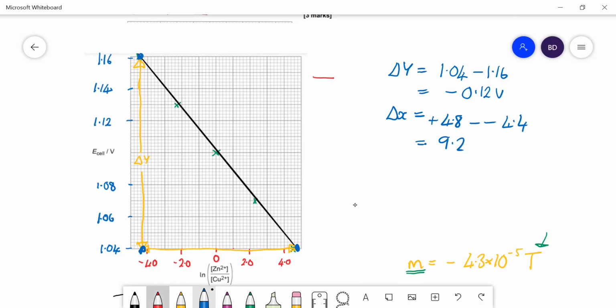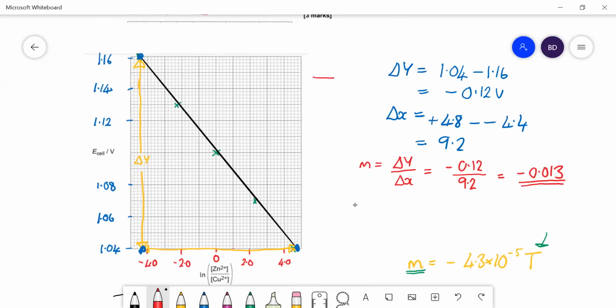Right, M is equal to the change in y over the change in x. Change in y is minus 0.12 volts over the change in x, which is 9.2. That gives us minus 0.013. That's our gradient, okay?